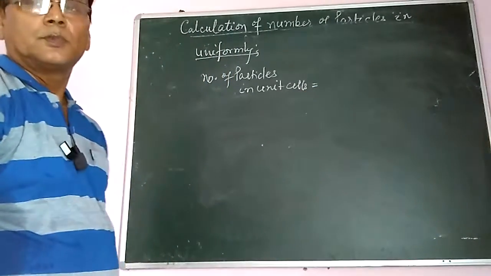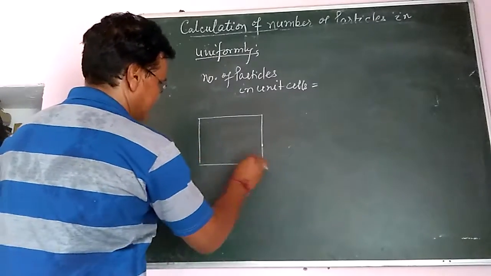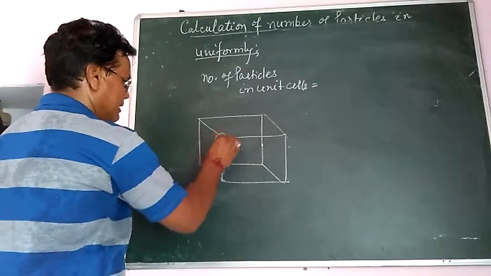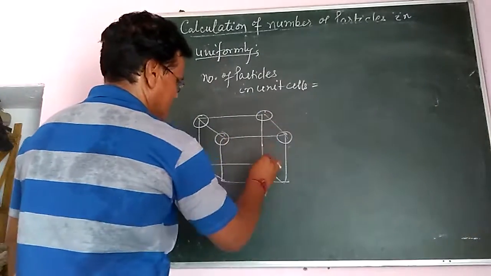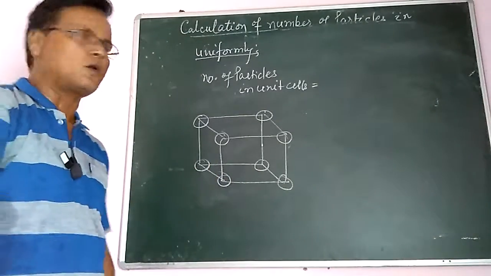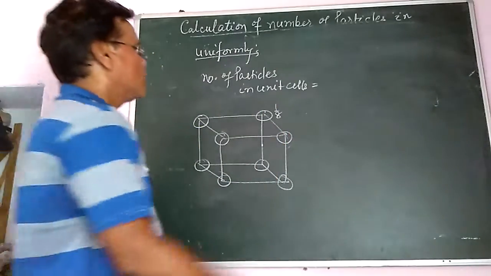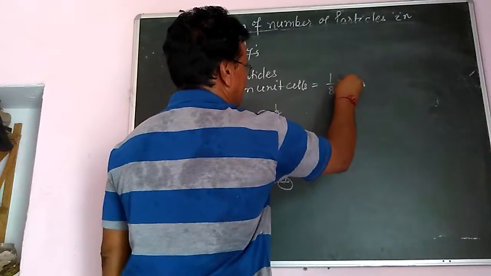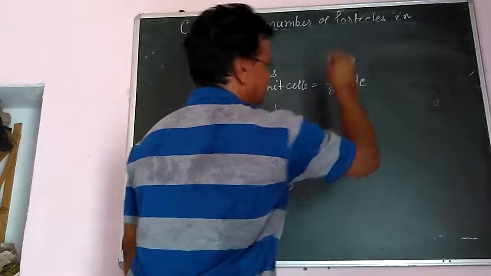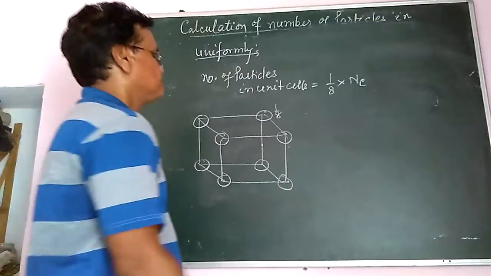First, particles lying at the corners. There are 8 corners and 8 particles lying at the corners, but the contribution is 1/8. So 1/8 into NC, that is, the number of particles lying at the corners.